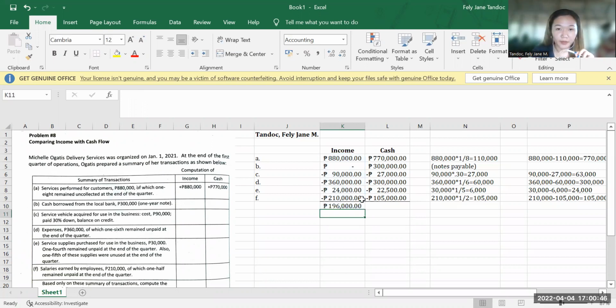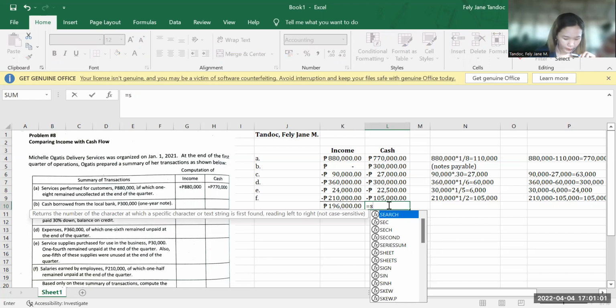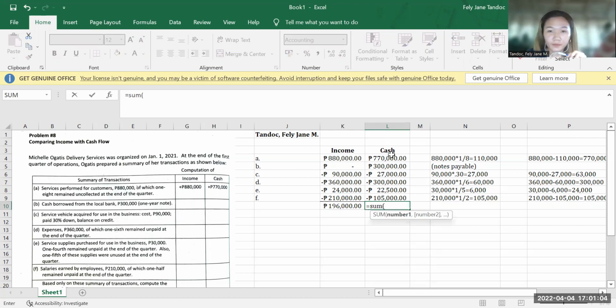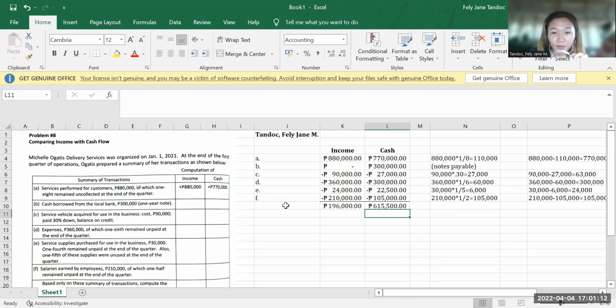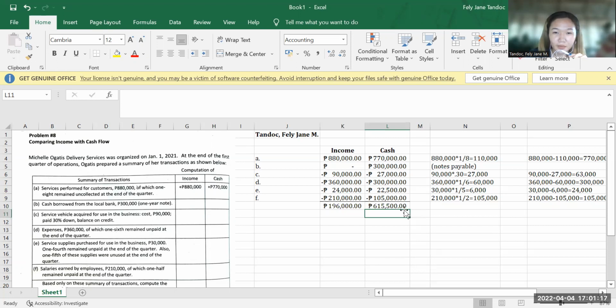So we have a profit of 196,000. And for the net cash flow, we also get the sum of the cash, which gives us a net cash inflow of 615,500 in total.